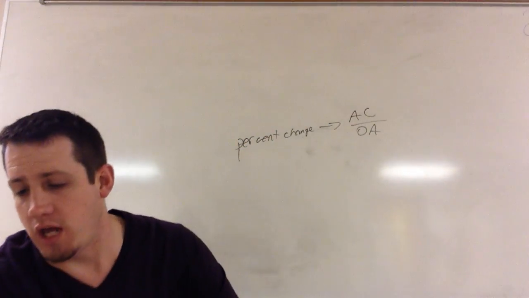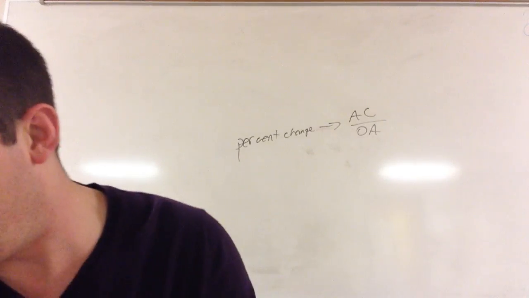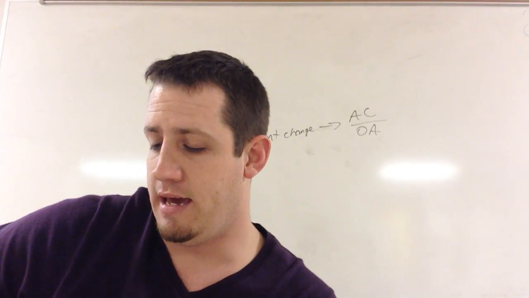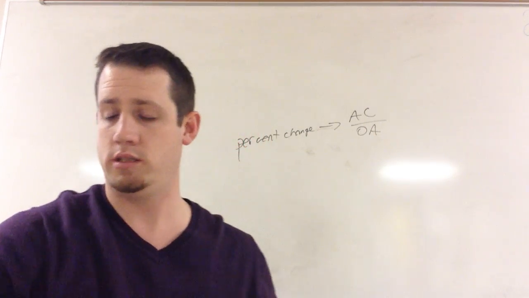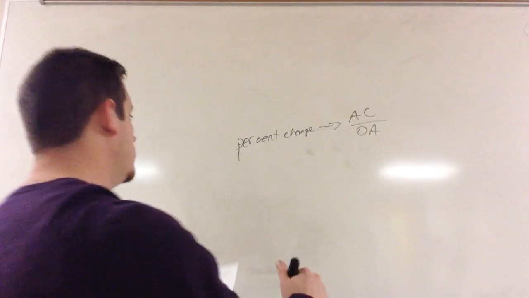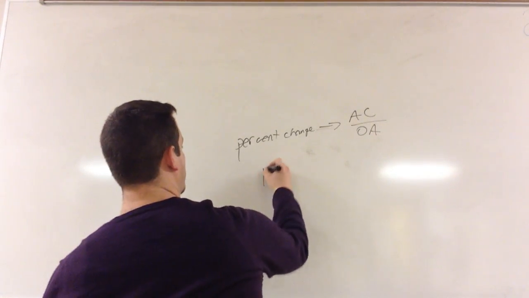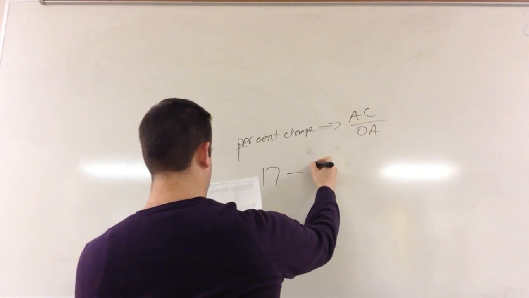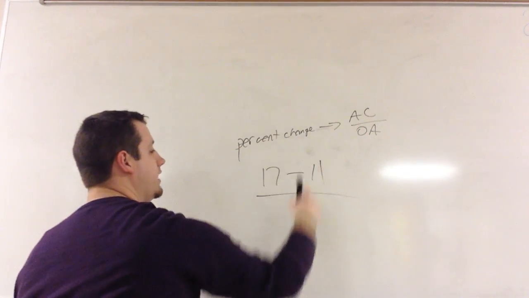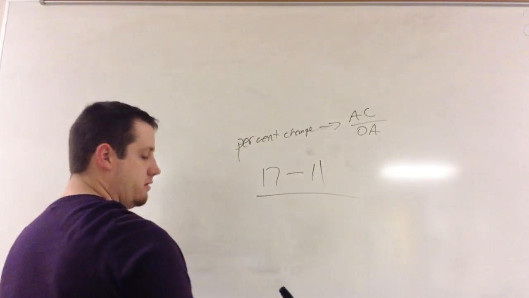Let's go with G. Answer choice G says a board measures 17 inches, is cut, and now measures 11 inches. So a board measures 17 inches. 17 inches minus 11 inches, because that's the amount of change. It went from a 17 to an 11. What's the original amount?